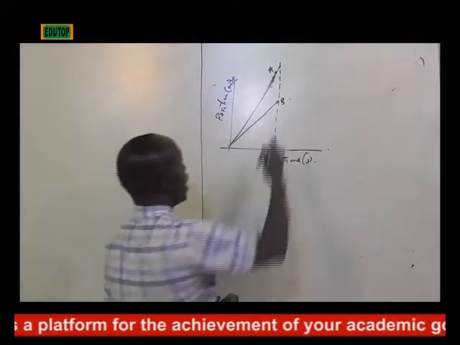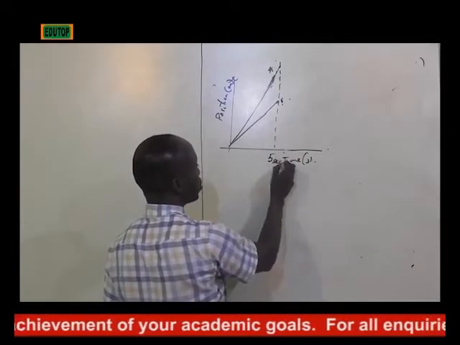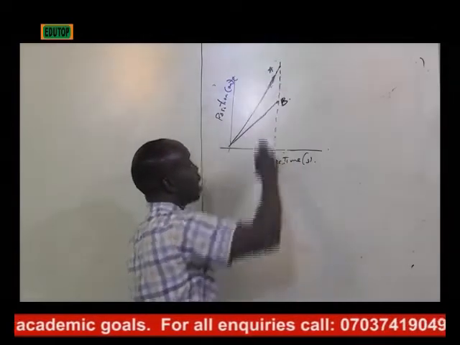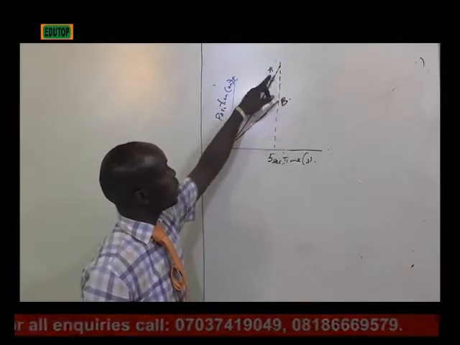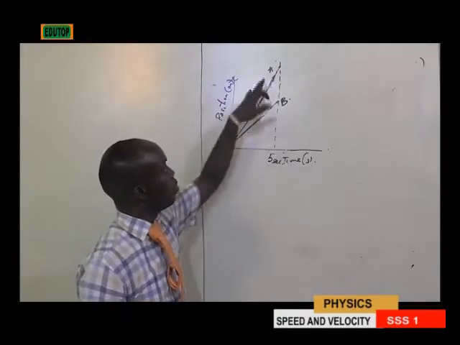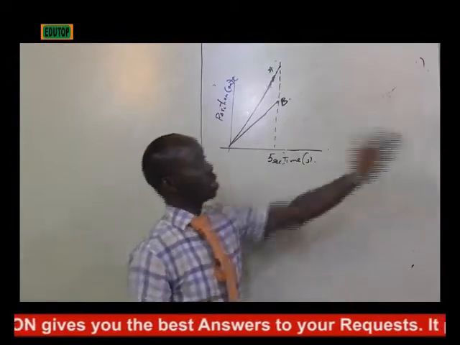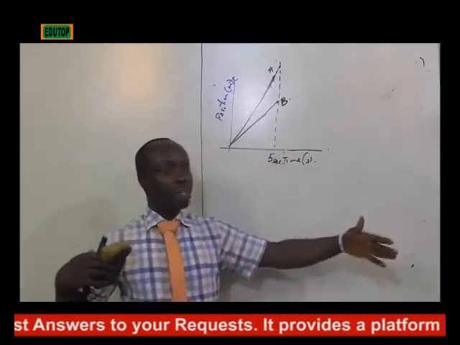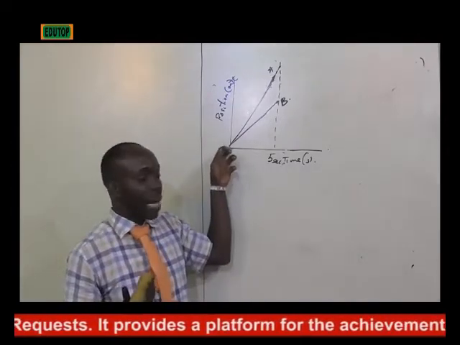At a particular time, let's say at 5 seconds, if both A and B are running, if I ask you, with this graph here, which one of them is ahead of the other? If you look at it properly, A is higher. In terms of distance, A is far higher than B in terms of location. They started at the same time, let's say time 0.